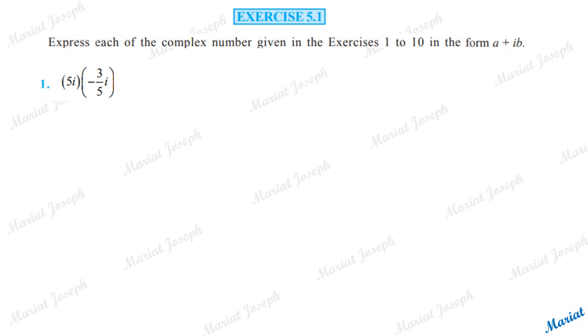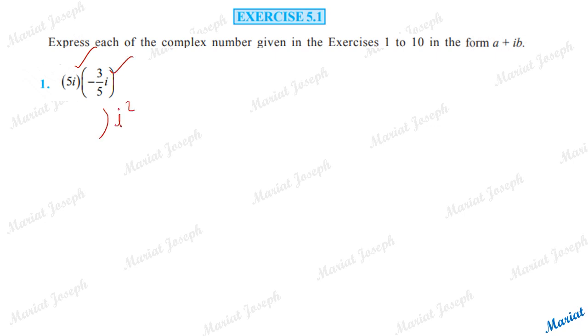The question number 1. Here is an imaginary number. Here is an imaginary number. We need to multiply. Now you can see there is one i in the first one. There is an i in the second one. So i into i, let's write that i square.